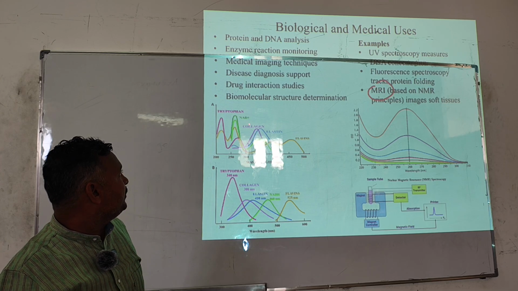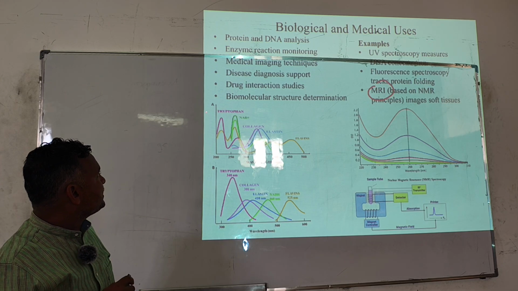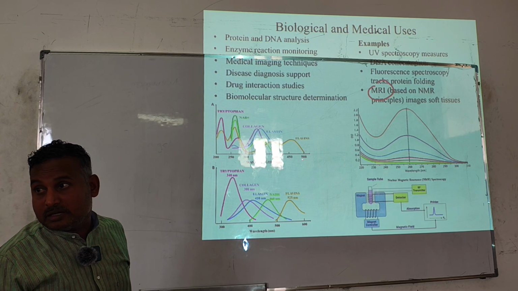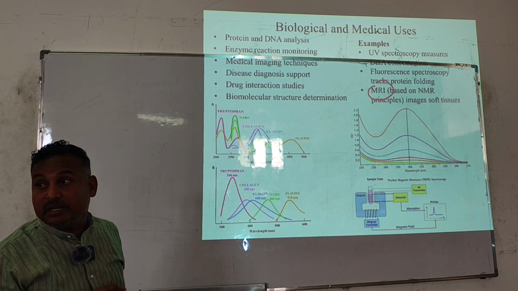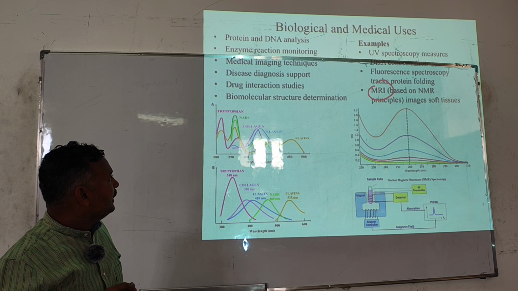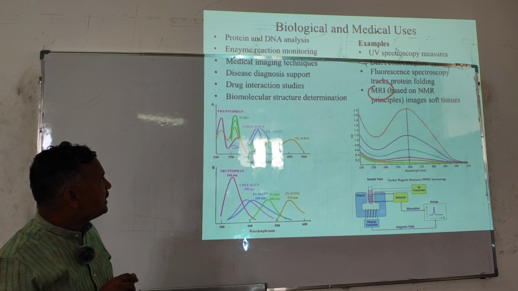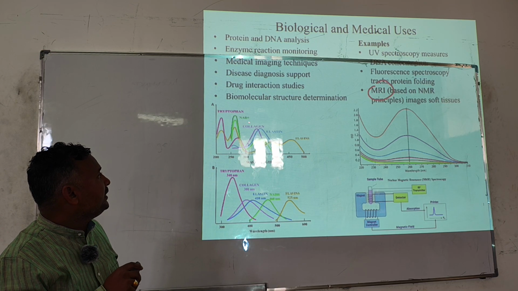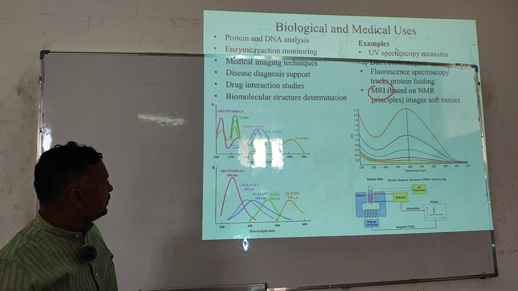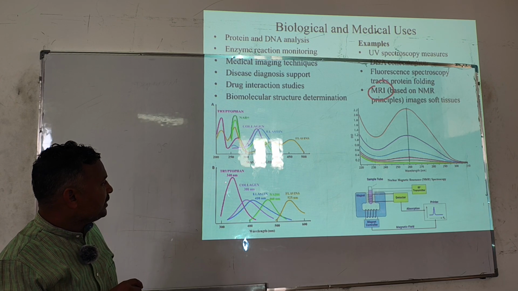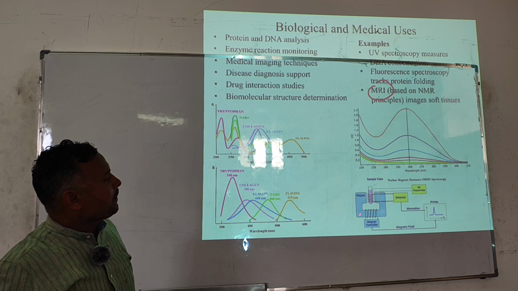For all these, for example, you see here, this is wavelength versus absorbance. What kind of spectrum is this? This is a UV visible spectrum, and here you can see different peaks are for different drugs. Here also it is the same for different drugs.